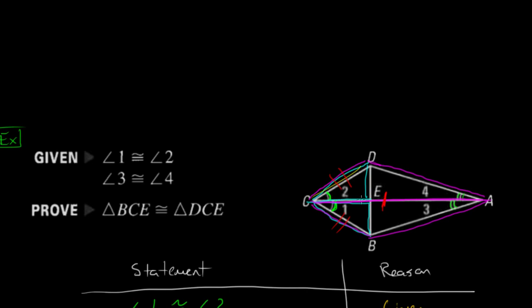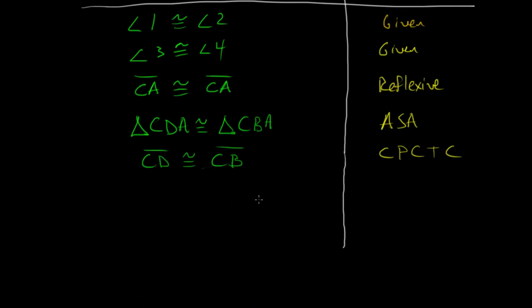Actually, I would end up having to prove another angle first as well, unless you use a later theorem that you don't yet know, so we won't talk about it. But CE is congruent to itself. CE is congruent to CE, and hopefully that's obvious why that's true. It's the same as up here: the reflexive property of congruence, like so.